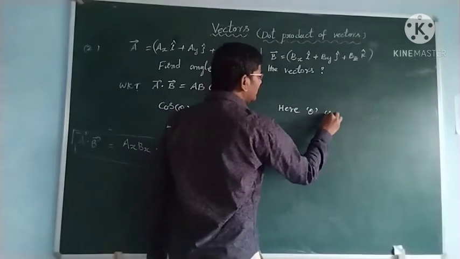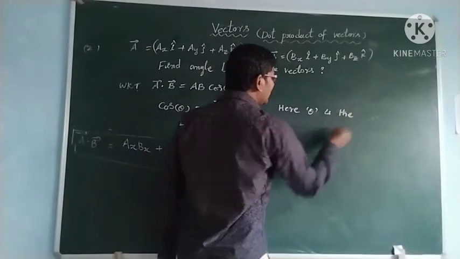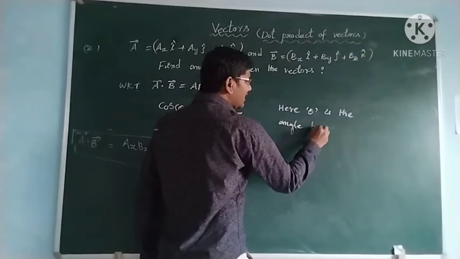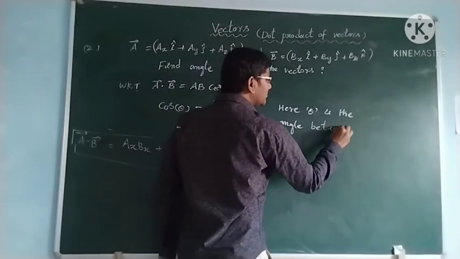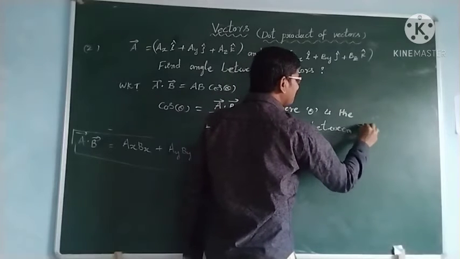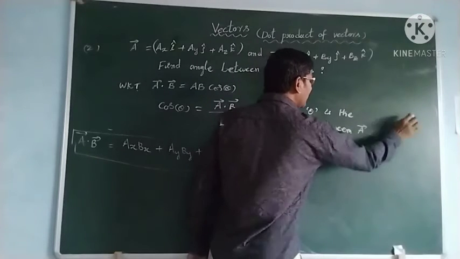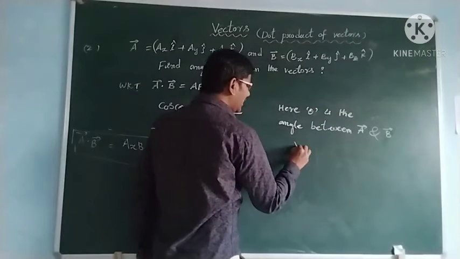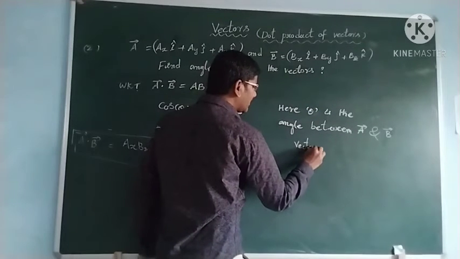Theta is the angle between a bar and b bar vectors.